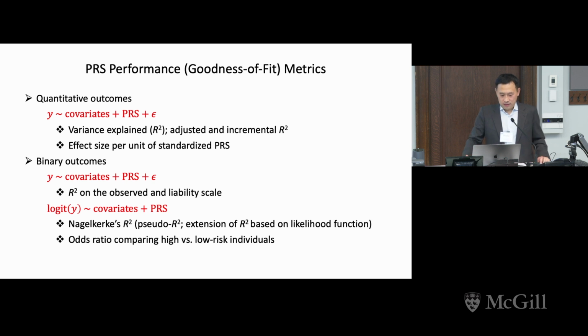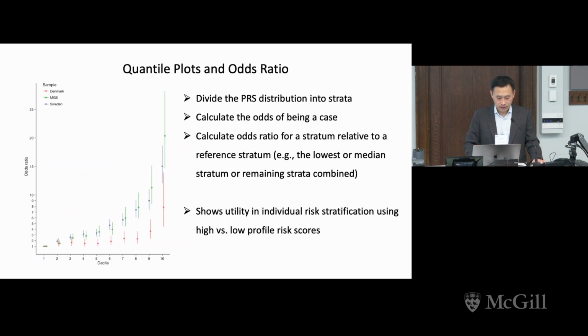In addition to the R-square, another approach to look at how the PRS makes a prediction is comparing the odds ratio between the high-risk group versus the low-risk group. This is how you do that. You separate the individuals into bins, and in this case you create 10 quantiles, putting 10% of individuals in each quantile, and you compare within each quantile how enriched your cases are, comparing either with the population or with the bottom quantile.